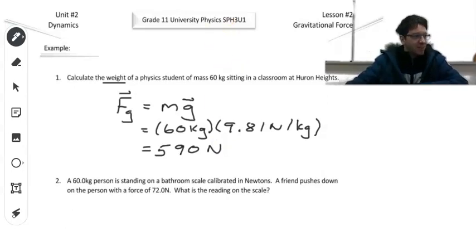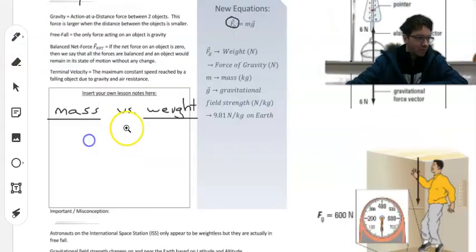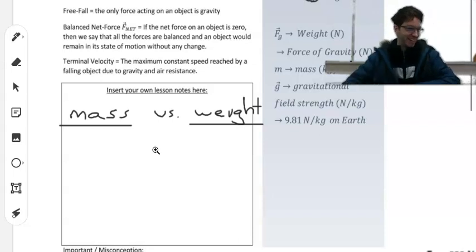Something else I wanted to talk about is the difference between mass and weight. Let's say you were to take a vacation, and this is the future, so we're going to take a vacation to the moon. It'd be a great vacation. I'd love to take that vacation. As you go from here to the moon, currently it's about a 3-day trip, but who knows? Maybe in the future it'll be less.